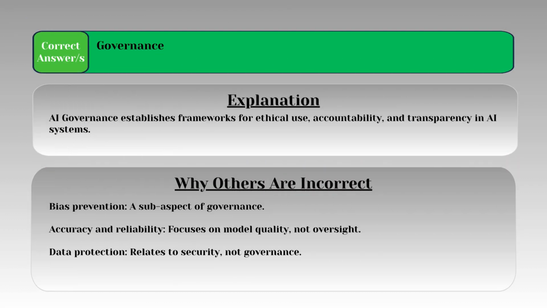Explanation: AI governance establishes frameworks for ethical use, accountability, and transparency in AI systems. Why others are incorrect. Bias prevention is a sub-aspect of governance. Accuracy and reliability focuses on model quality, not oversight. Data protection relates to security, not governance.